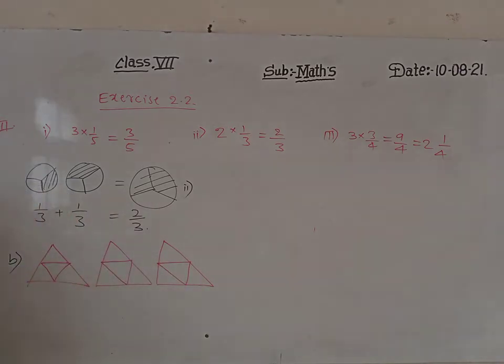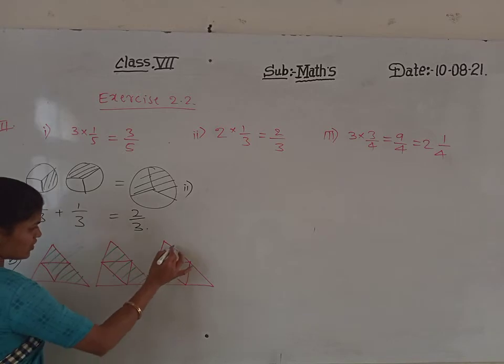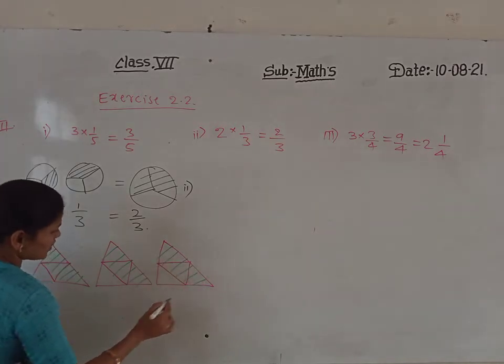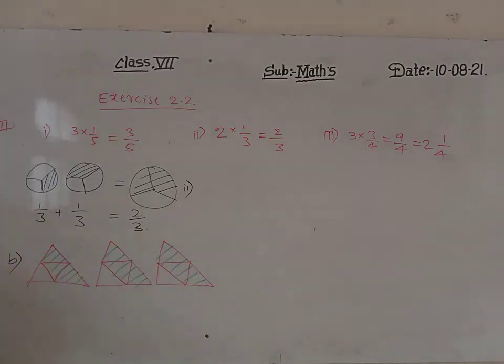Yes, out of these 4 equal parts, 3 parts are shaded. 1, 2, 3 parts are shaded. Here also these 3 parts are shaded. Here also these 3 parts are shaded. How can you write in the fraction form? Out of 4 equal parts, how many parts are shaded? 3 by 4.